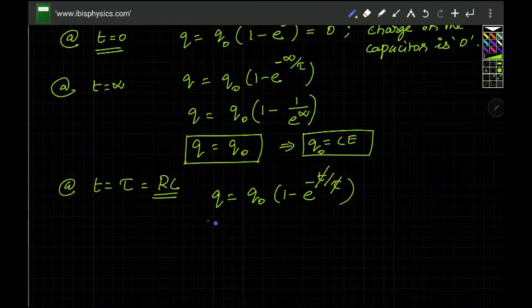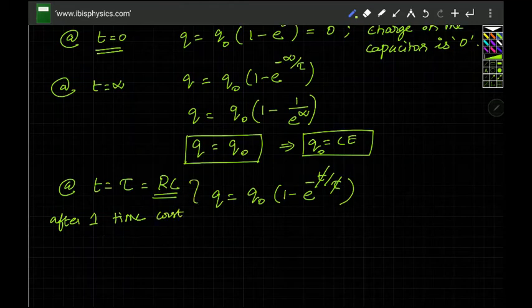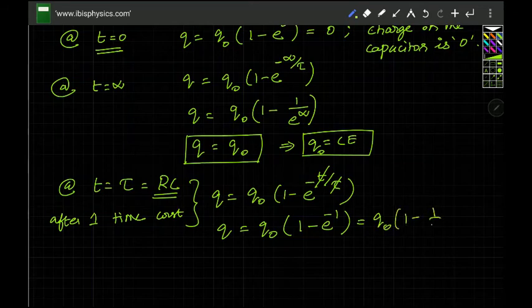So after one time constant, Q is equal to Q naught into 1 minus e power minus 1. This can further be written as Q naught into 1 minus 1 by e.